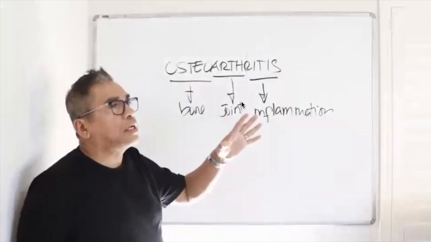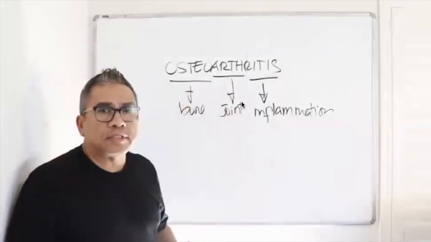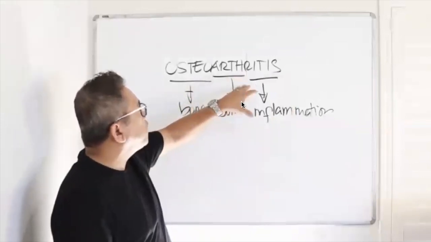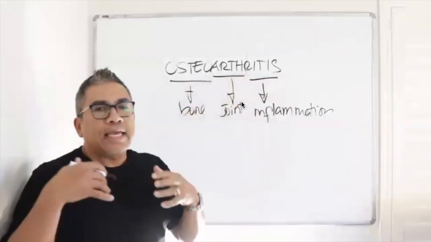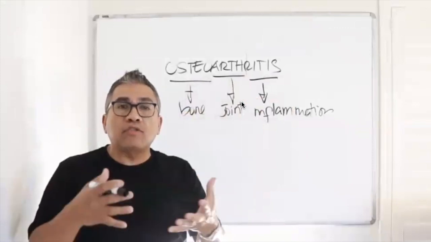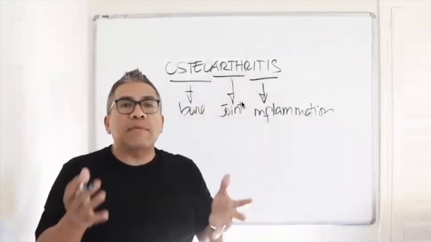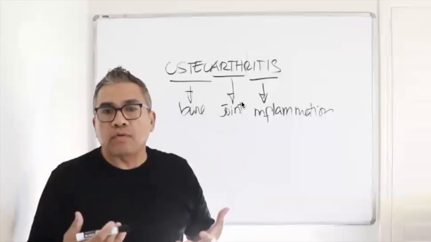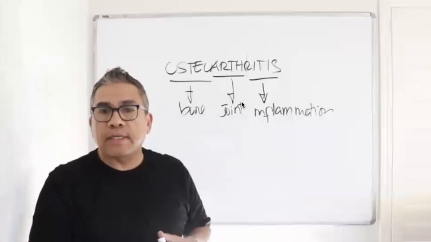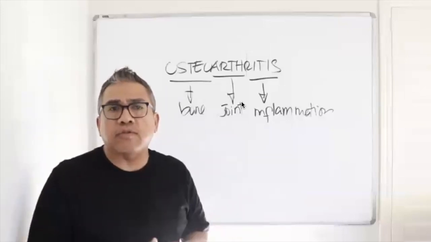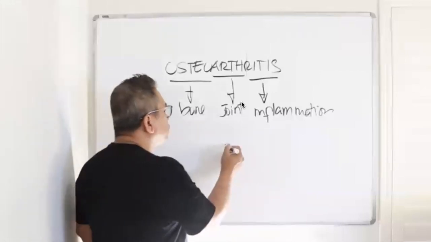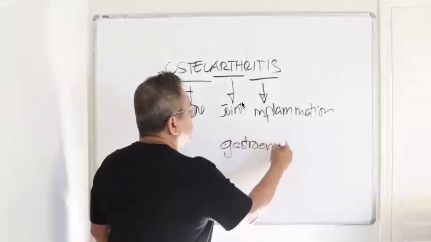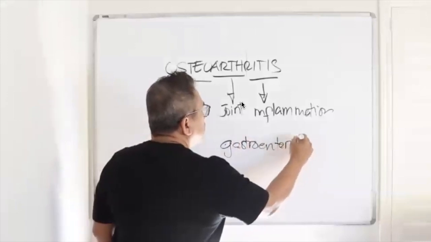In a simple description, every time you see this suffix itis, it could mean an inflammation due to an infection or inflammation because of overuse. Like, yes, Jess, like gastroenteritis. So when you say gastroenteritis, look here, guys. Thank you, Jess, for that example.